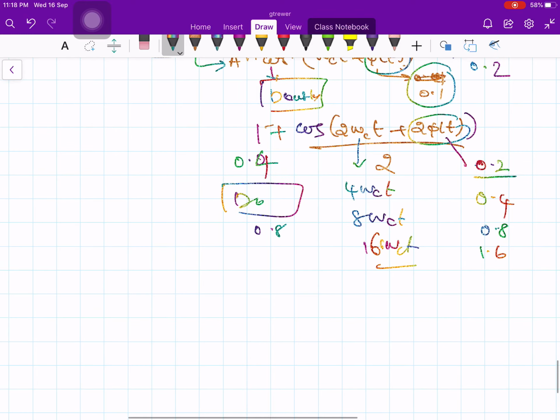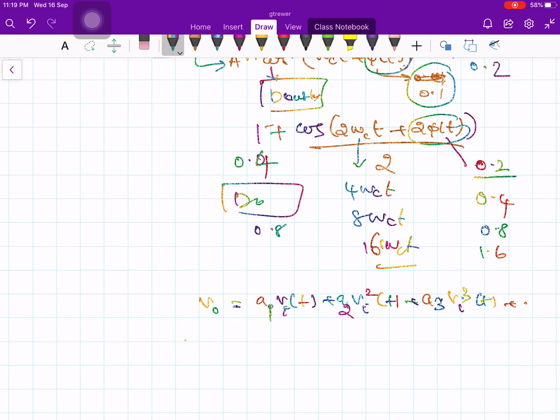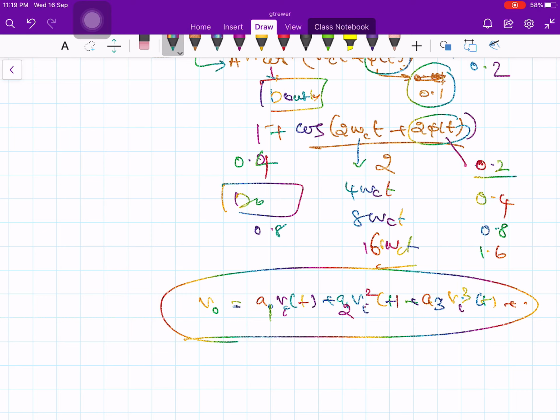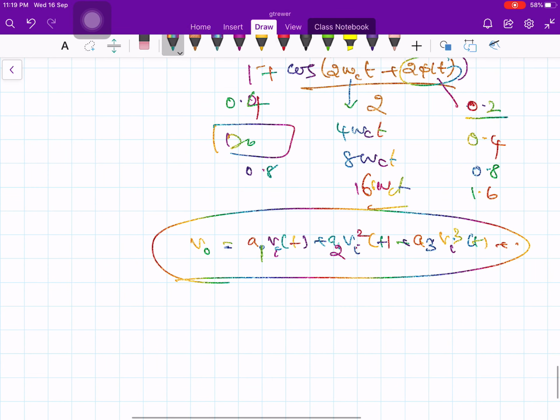Recall that suppose your output V0 is equal to A0 plus A1 times Vi of t, A2 times Vi square of t, plus A3 times Vi cube of t and so on and so forth. Using this type of non-linear characteristic of a device, you can realize frequency doubler and tripler.